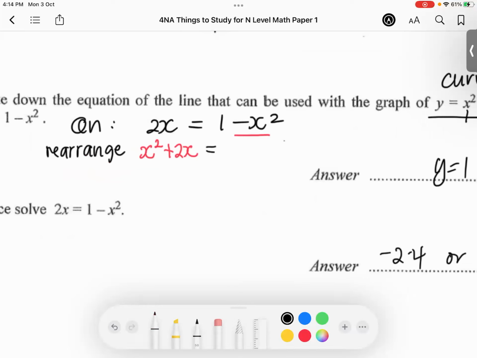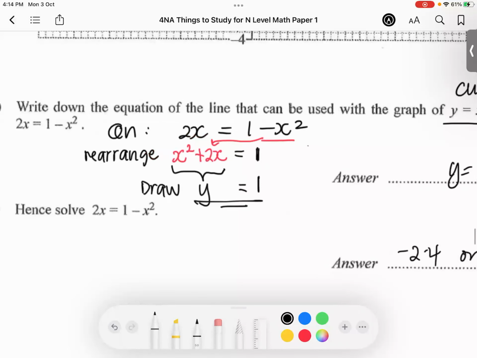And I'll leave the numbers that do not involve x down here. So I rearrange the x squared, I shift it over. Then this whole thing equals y, and y equals the number 1. So what is the line that I need to draw? I need to draw one more line, y equals 1.